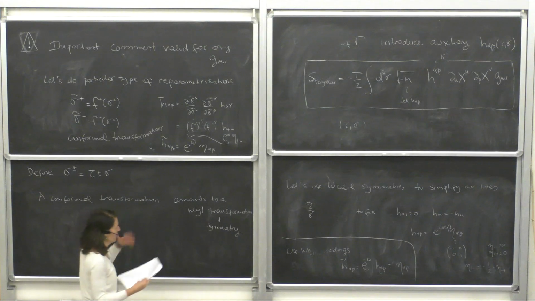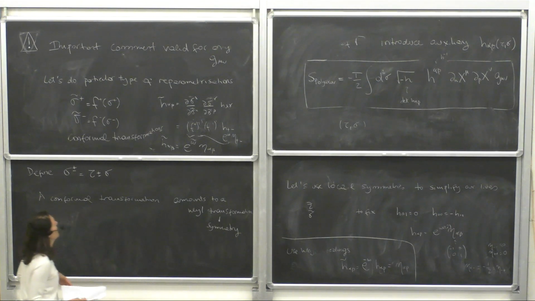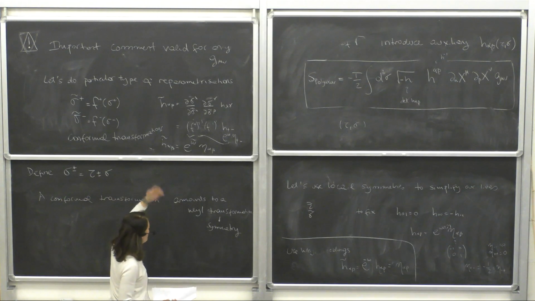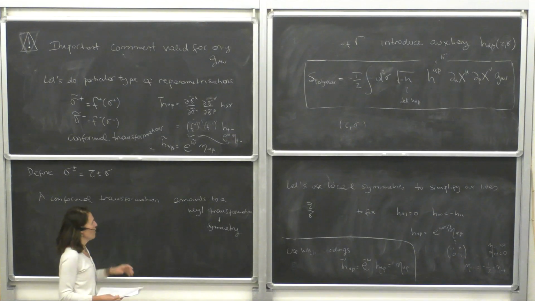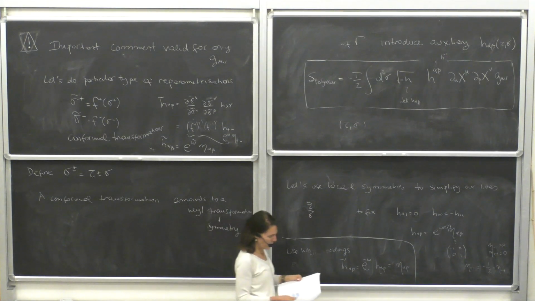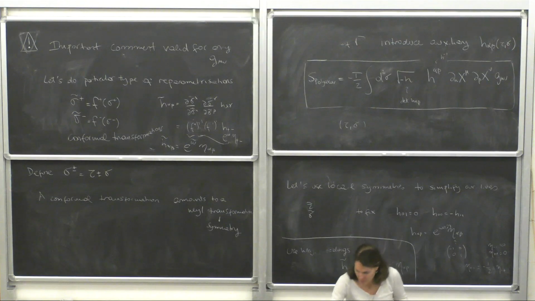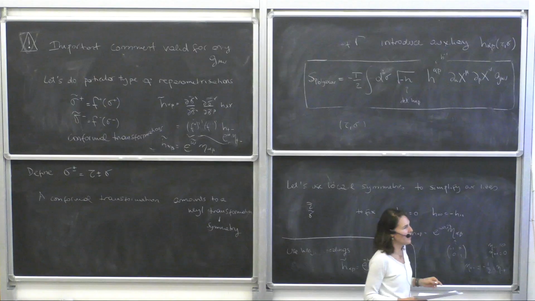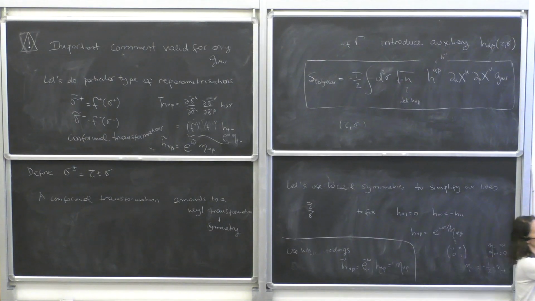So I can do any reparametrization that doesn't mix sigma plus and sigma minus, and whatever overall function I have, I reabsorb via a Weyl transformation, which is a symmetry. If you look up conformal transformation on Wikipedia, I'm very bad at drawing, so that's why I put this.